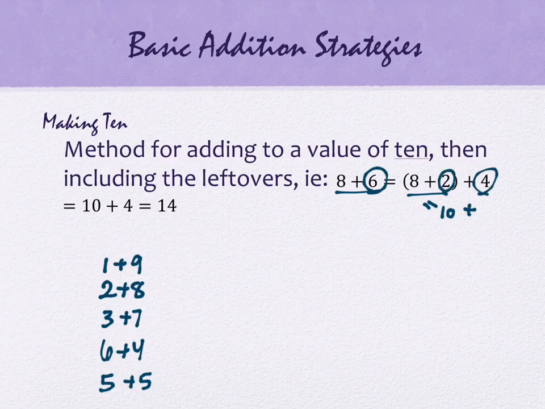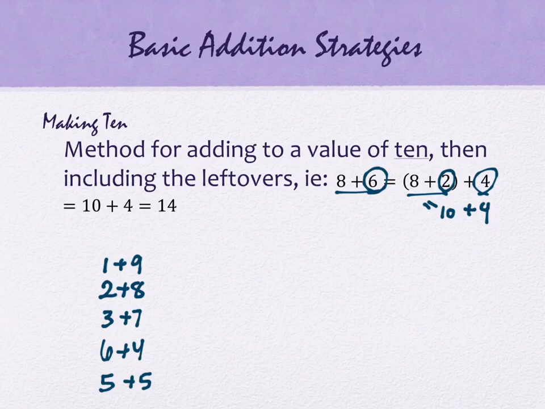I need 4 more of them here to give me my 4. So again, you don't have to like the strategy, but if you have a child that this works for, wouldn't you like to be able to use a strategy that helps them out? That's the idea. The idea is having a tool belt full of lots of things, so when something doesn't work, you can try something else. Okay, and making 10 is another popular strategy.